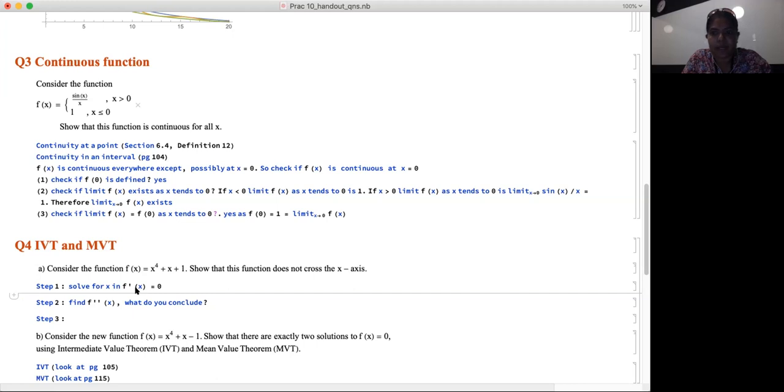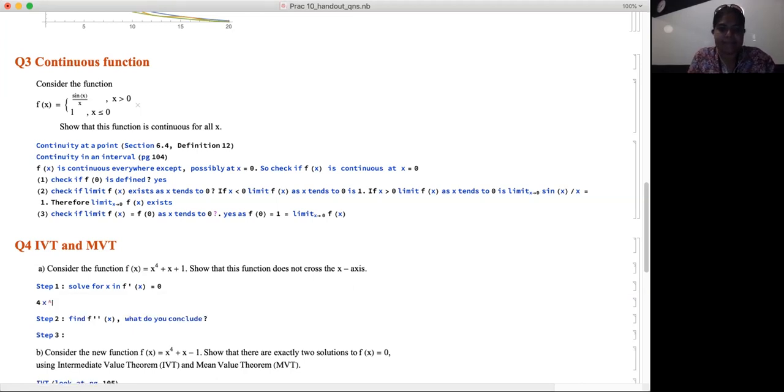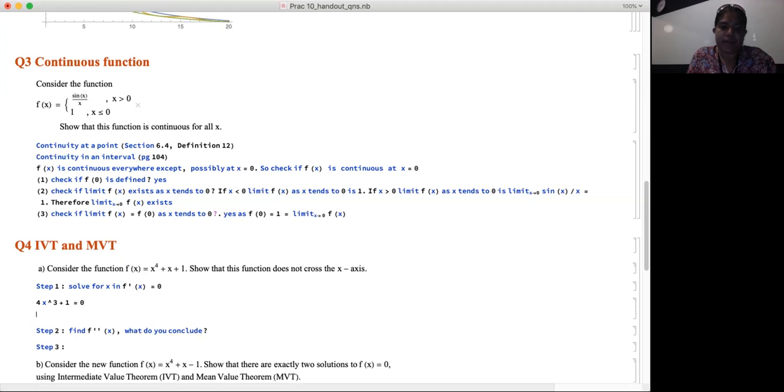Yeah, 4x cubed plus 1 equals 0. How many solutions did you get? Yep, you should get one solution, that is x equals the cube root.